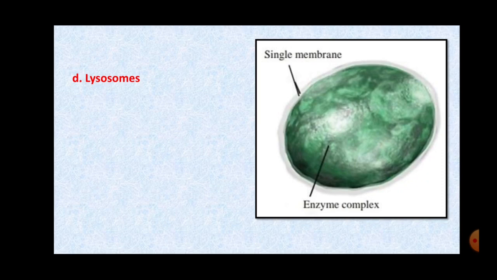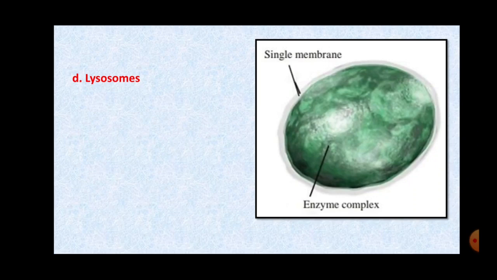And they are also called as suicidal bags because whenever any cell becomes old or it is damaged, the lysosome bursts off, right? And then it engulfs that cell organelle. So thus, it is also called as suicide bags. Then it destroys viruses and bacteria that attack the cell.